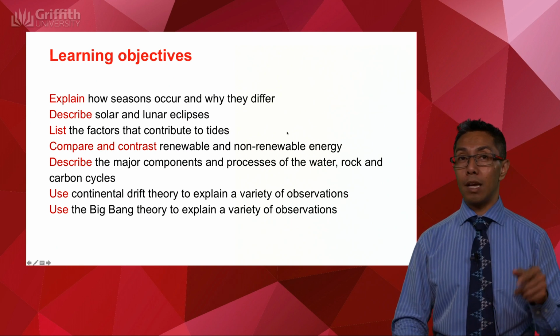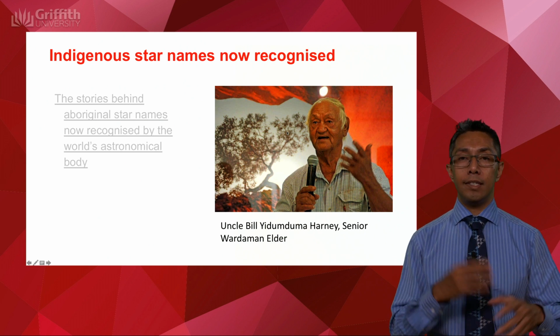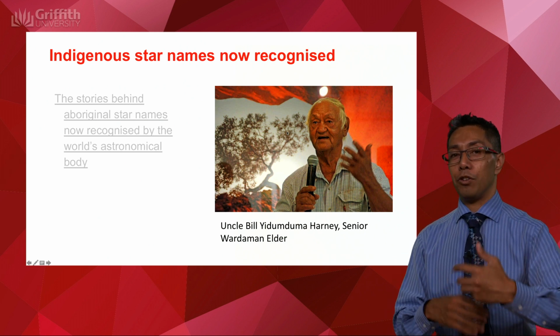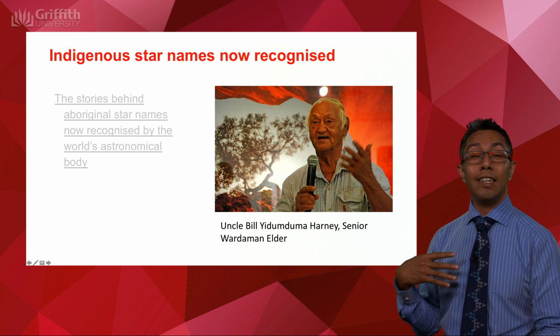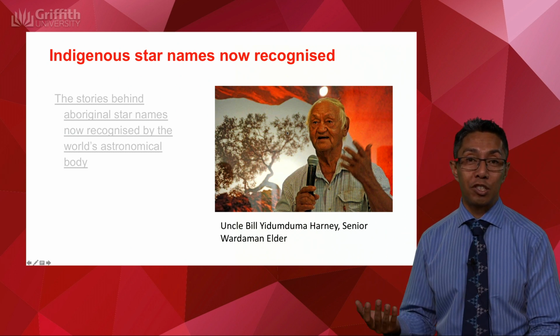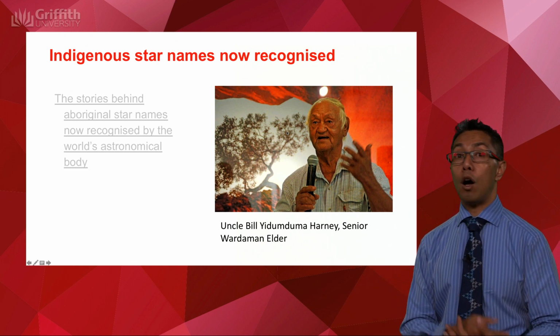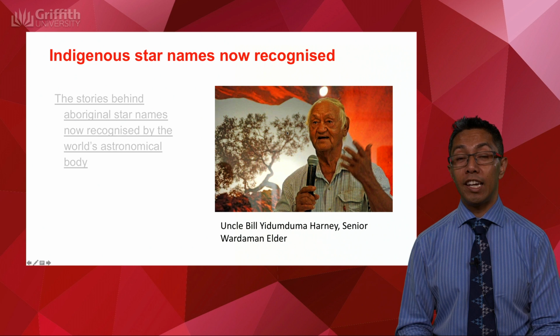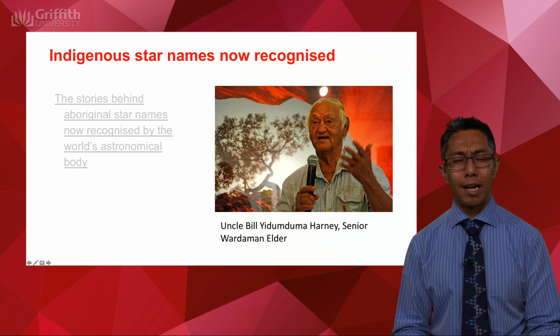Okay, now just a couple more things, some extra material that couldn't make it into the lecture proper. If you're interested in the Indigenous astronomy aspect, then here's an article that I found, and there's a whole bunch of really interesting work done by Hamacher, I think his name is.